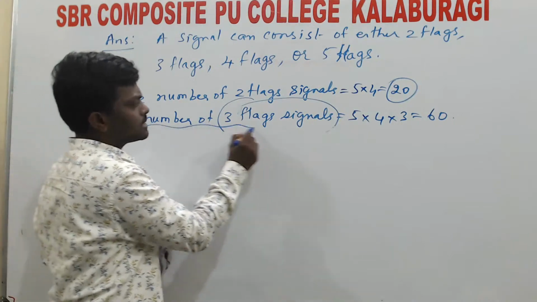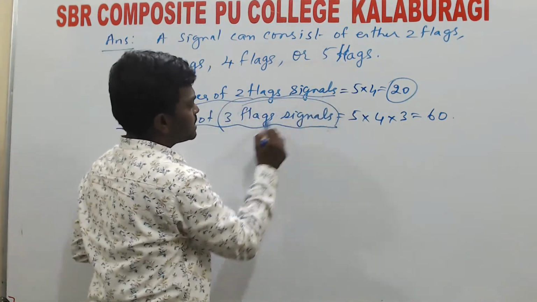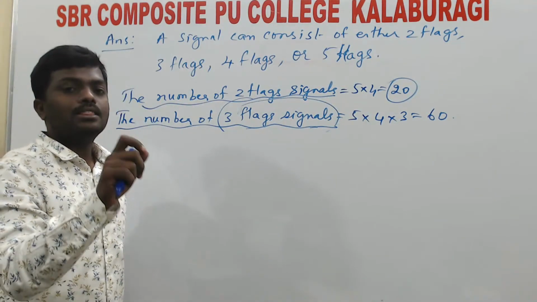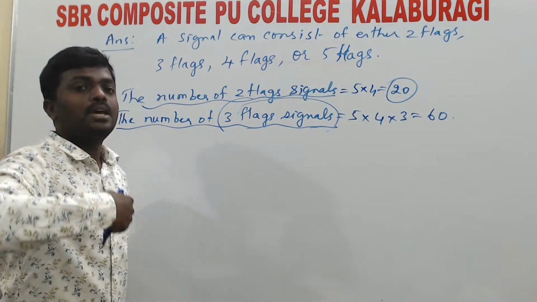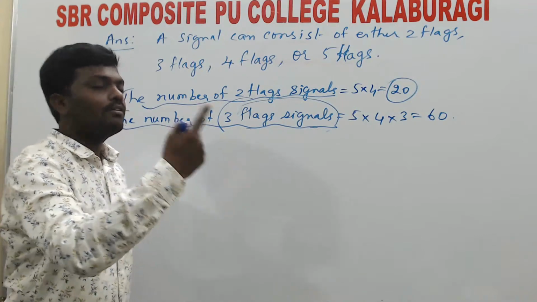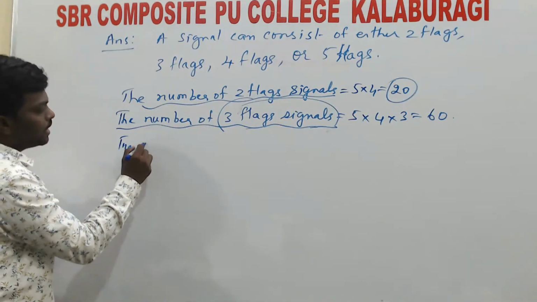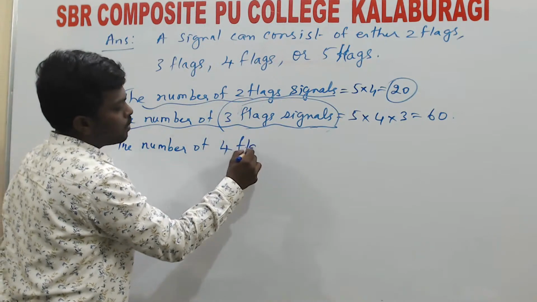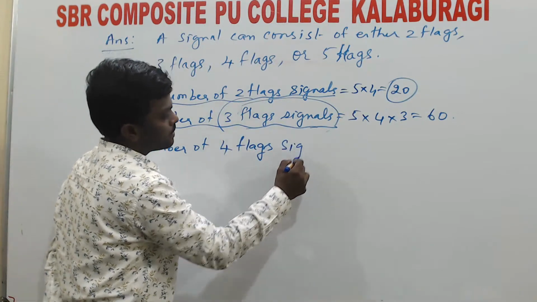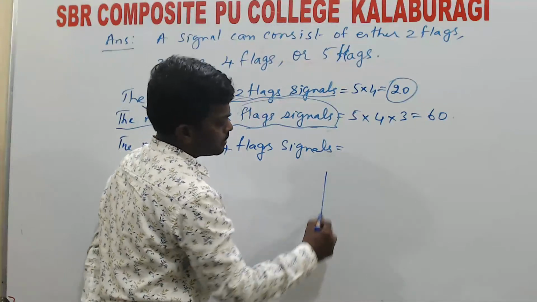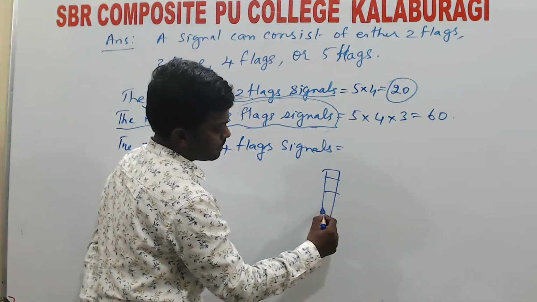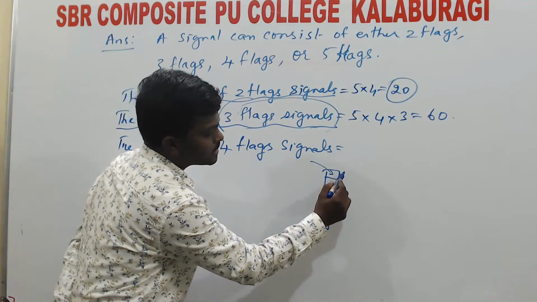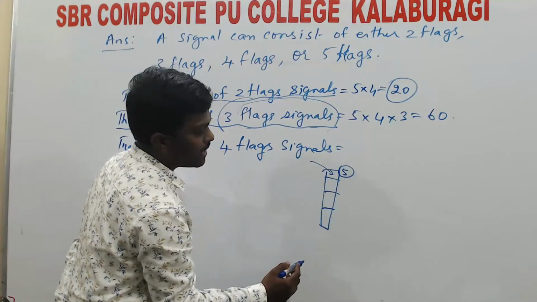This particular event is complete: 2 flag signals, 3 flag signals. The question is not completed. The question is at least 2 flags, means 2, 3, 4, 5. The same way, the number of 4 flag signals. This is our first place now. To fill this first place, how many flags have been given? 5.